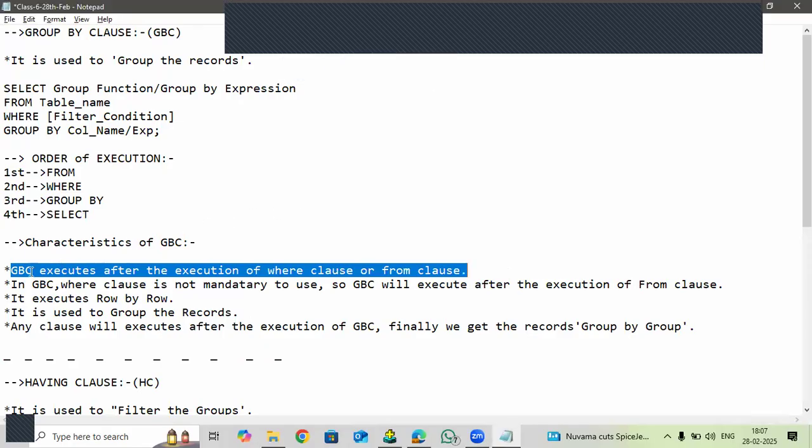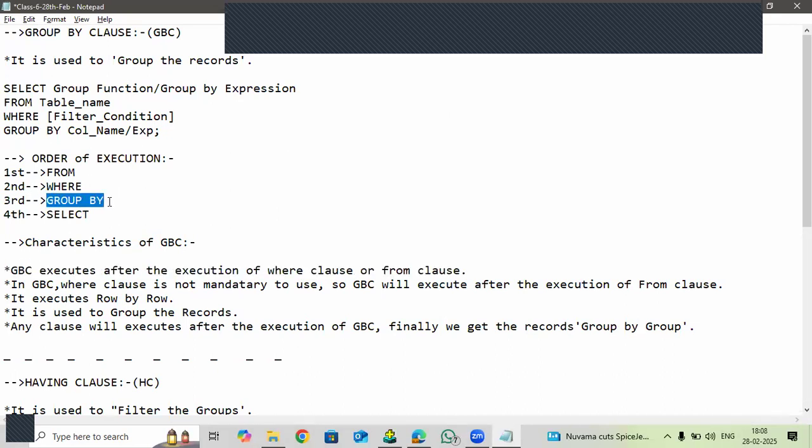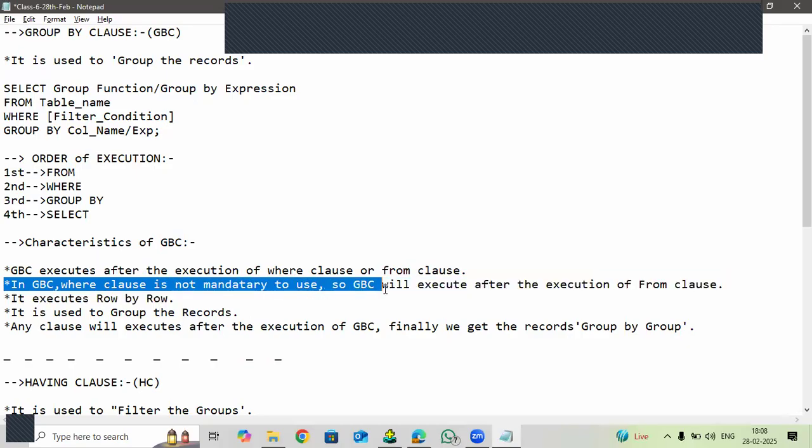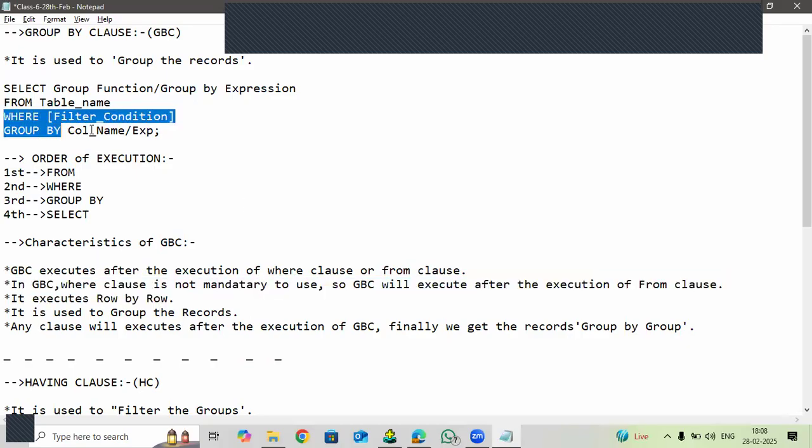Because in group by, where clause is not mandatory. If we use where clause, then group by will execute after where clause. If we don't use where clause, group by will execute after from clause.